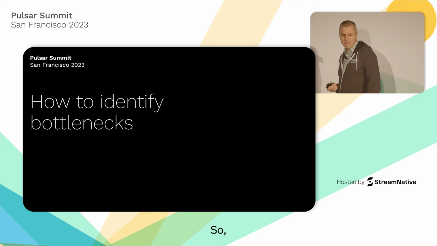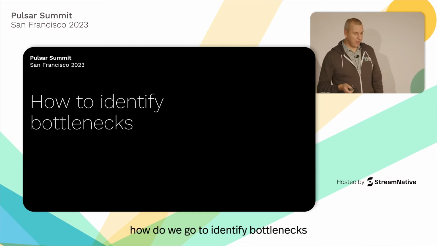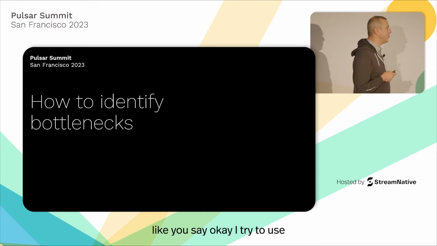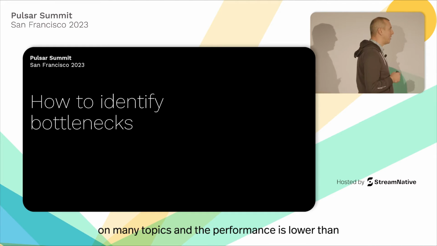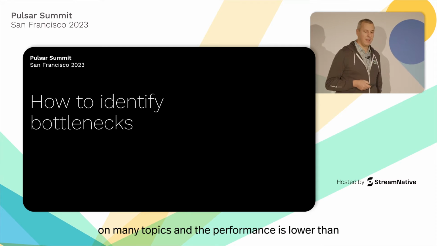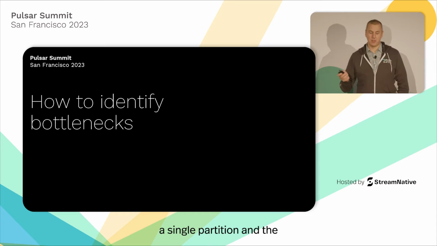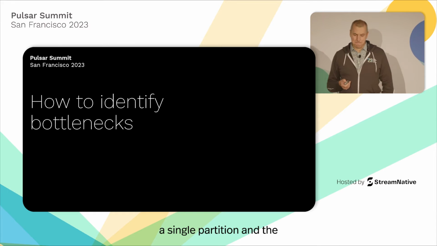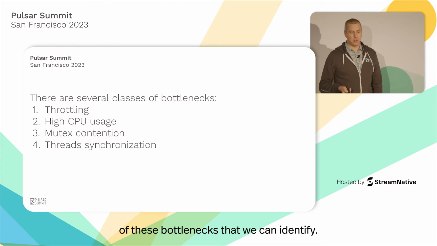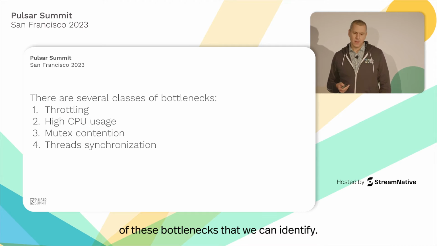So how do we go about identifying bottlenecks? Like, you say, okay, I try to publish on many partitions, on many topics, and the performance is lower than if I'm using a single partition. There are a few different classes of these bottlenecks that we can identify.